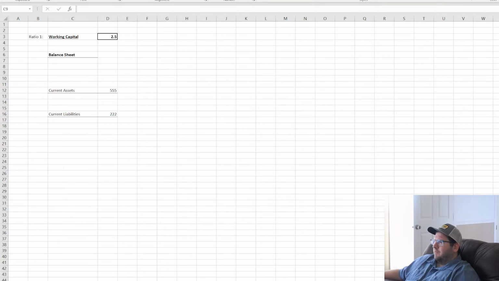Okay. Things that are not current assets would be like your building, equipment, things that you're holding for a long time that you probably still owe money on. Intangible assets. Okay, so we're just going to do some common things here.